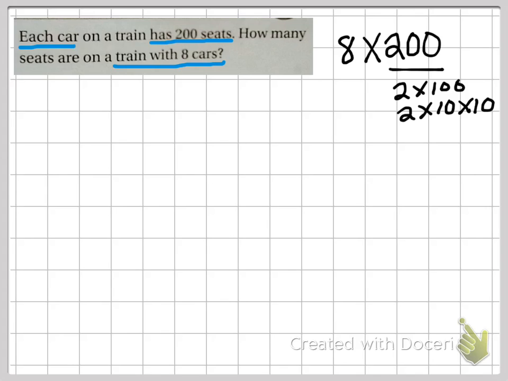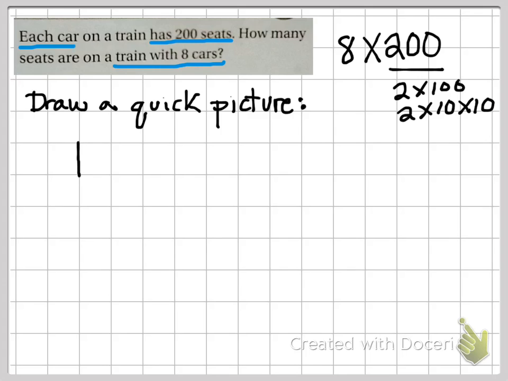But here's one way we can draw a quick picture. Well, 8 groups of 200. Let's see. Remember, our flats are worth 100.